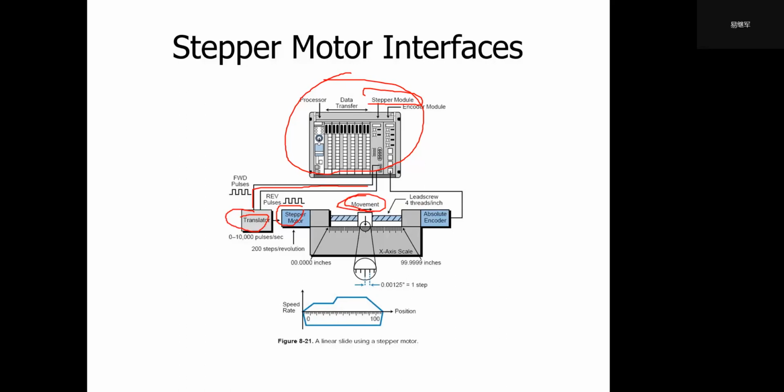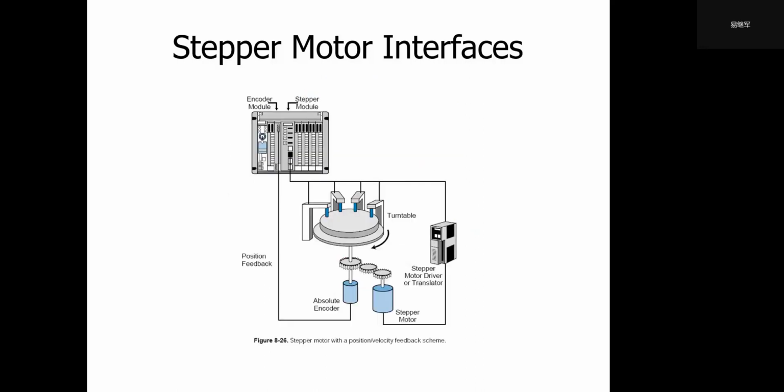And if you use a closed loop, an absolute encoder can be installed on the lead screw and sends the position or rotary information to the encoder module. That's another stepper interface that uses a stepper module and an encoder module.